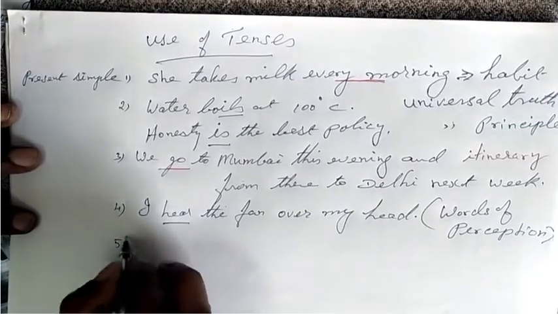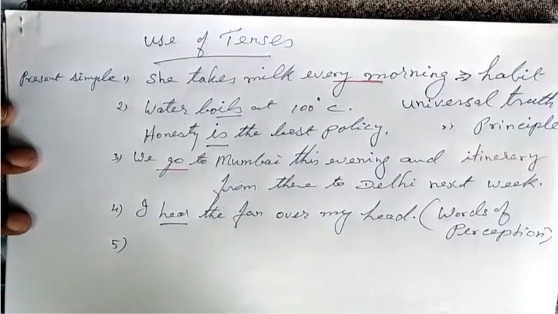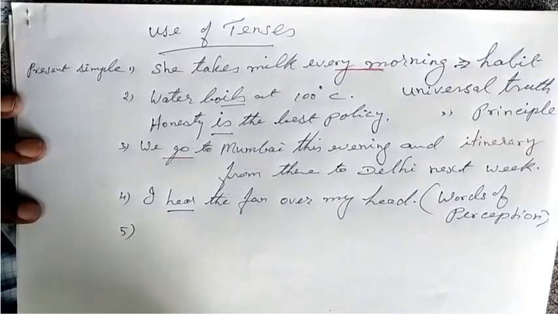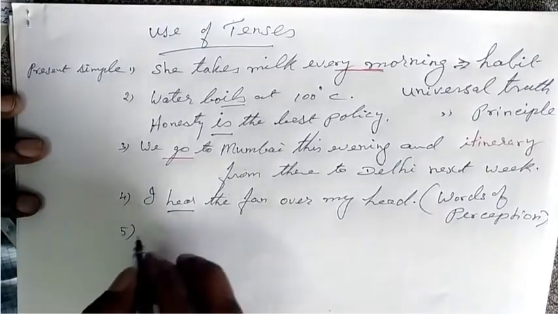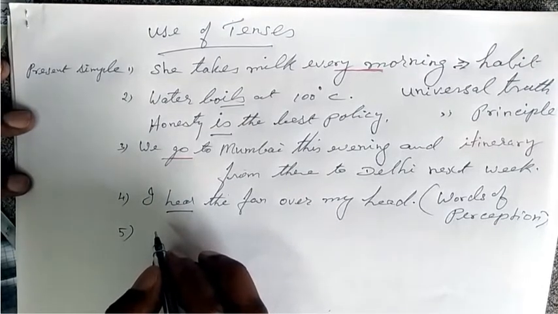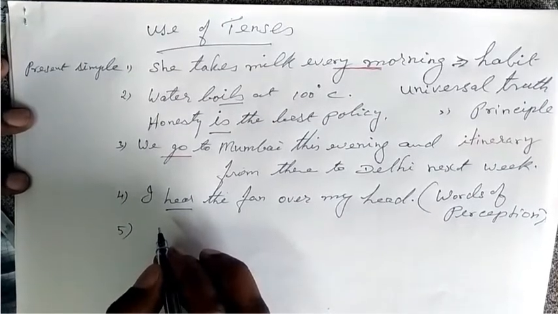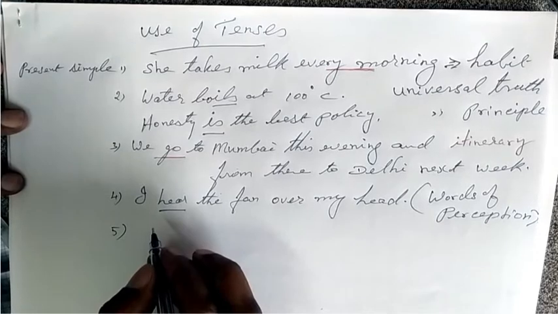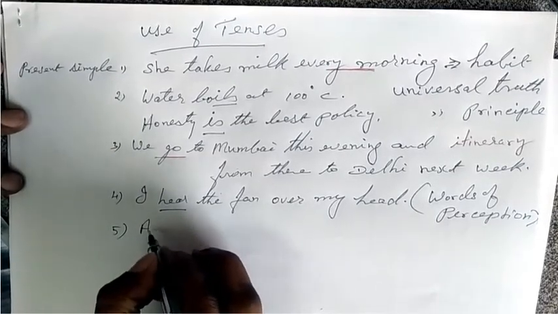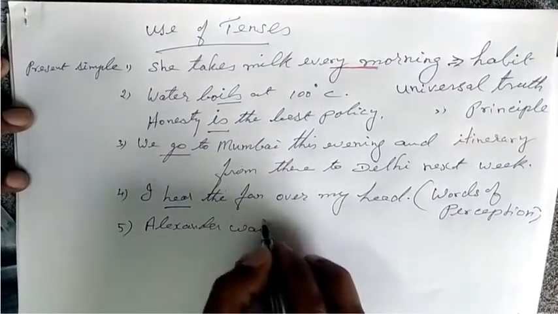There is one more rule associated with it. I will write the sentence first, so that you will be able to understand. Alexander waited.